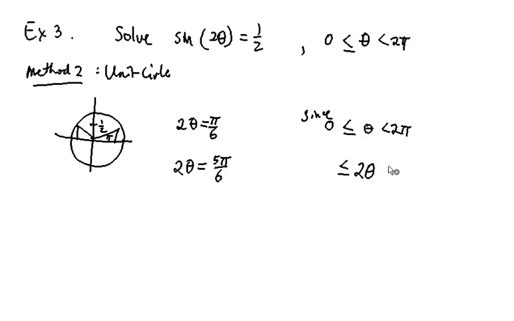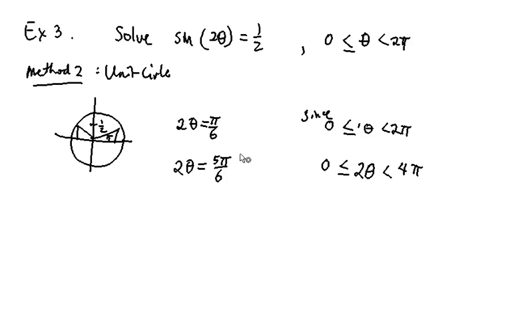In order to do that, what do I have to do to this condition? If I multiply this inside part by 2, I have to multiply this by 2 and multiply this by 2. Basically, I have to do the same thing to each side of this inequality statement. So that's going to be 0 times 2, which is still 0, and 2 pi times 2, which is now 4 pi.